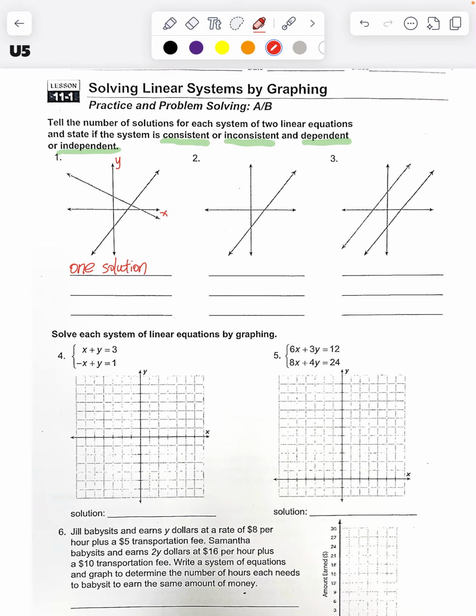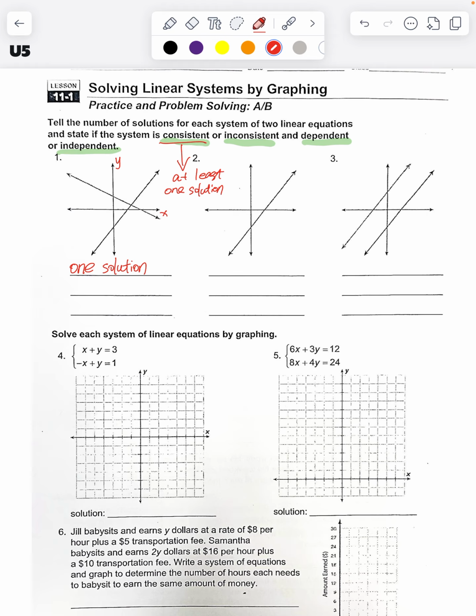Okay, what about consistent? What does consistent mean? Consistent means at least one solution. The system has at least one solution. So yeah, this system, the first one, yes, there's one solution.